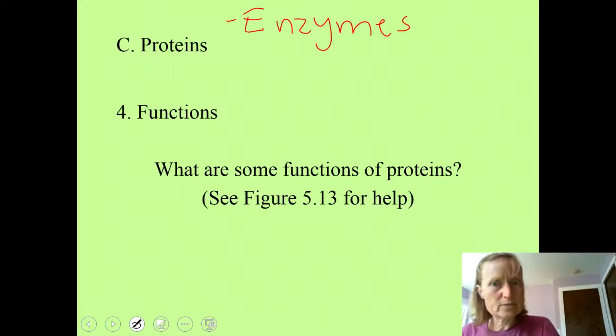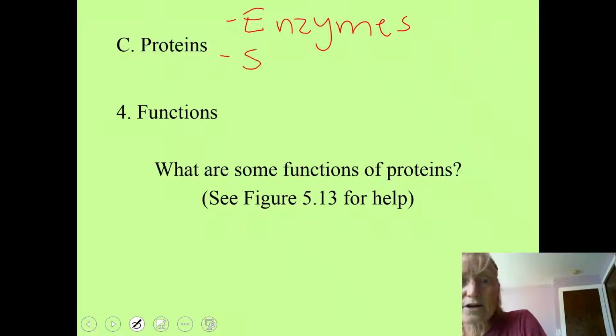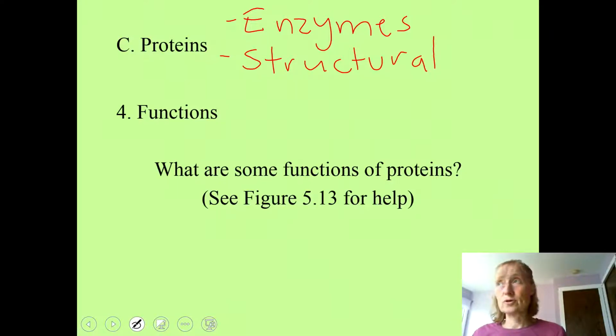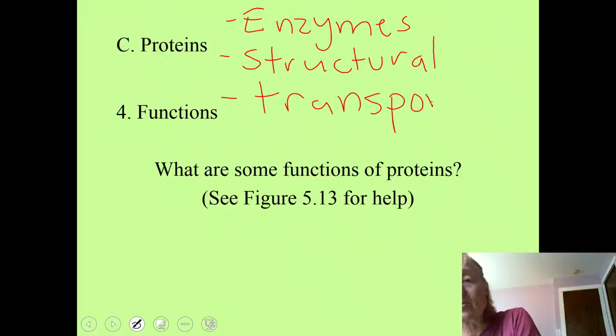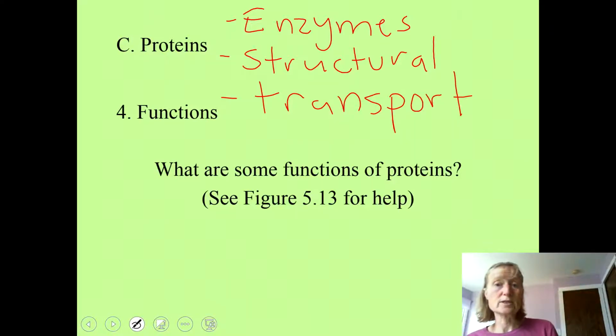We'll talk about them in Chapter 8. Some proteins are structural proteins that offer support in things like bones and teeth and hair and things like that. Maybe they're involved in transport. Some proteins help transport molecules, like hemoglobin does, or help transport molecules across a membrane.